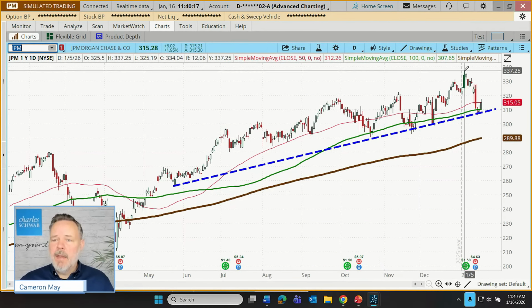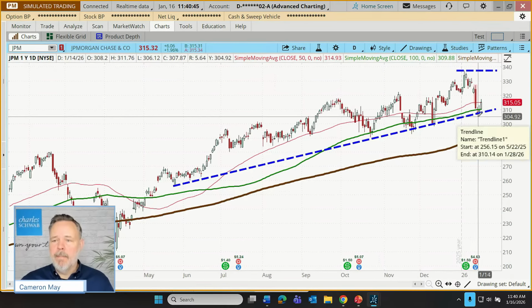So how about we say that our trader here has the objective to get up to potentially this previous high. Looks like that was 337 and a quarter. Let's just call it 337. And a recent low is down at 306. How about we go down at 305 for our stop? So that's going to be our plan for our trade, because it might work or it might struggle.